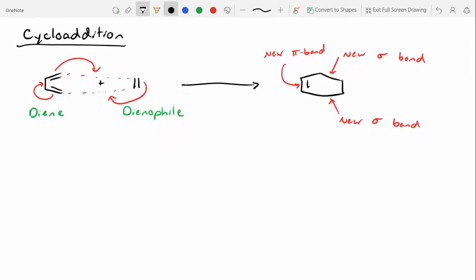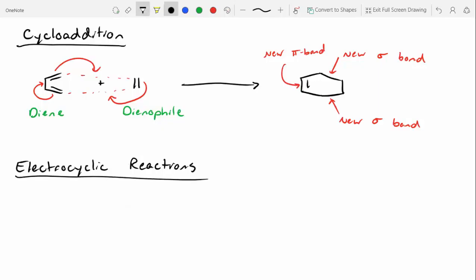All right, the next pericyclic reaction we look at is electrocyclic. And with these, you have a conjugated system. So in this case, we've got a triene.